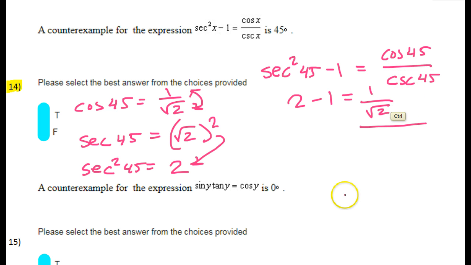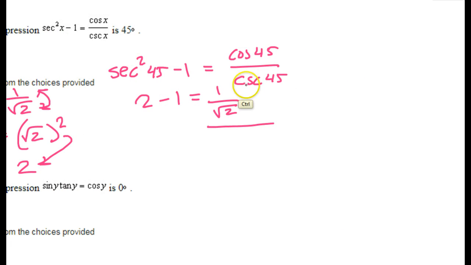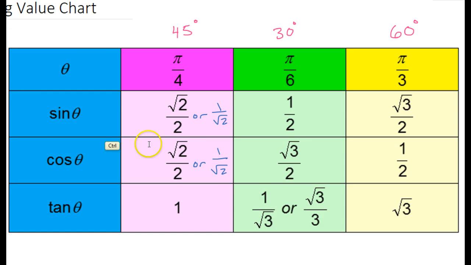Now cosecant of 45. I guess we got to talk about that. Cosecant is the reciprocal of sine. So if I want to talk about cosecant, first I need to talk about sine. So what's the sine of 45? Well, the sine of 45 is also 1 over radical 2. How do I know that? I know my chart.